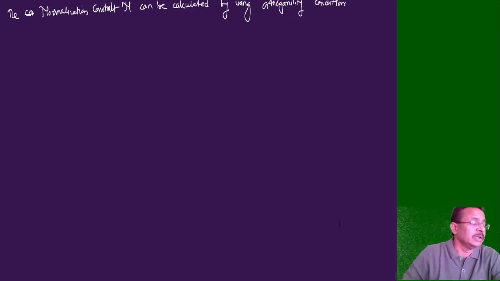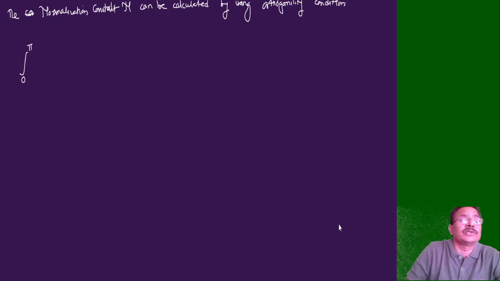So here this condition is given by, now this variable theta varies from 0 to pi, and phi varies from 0 to twice pi, in the spherical polar coordinate system.